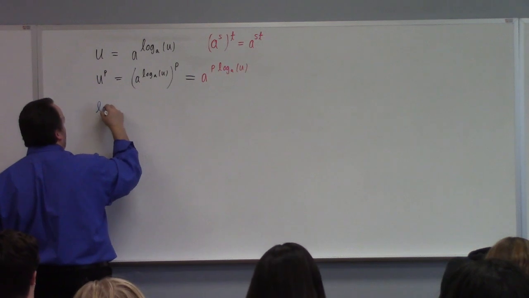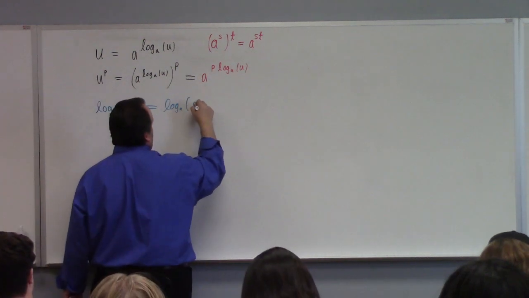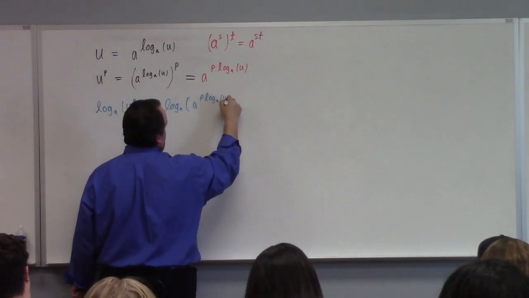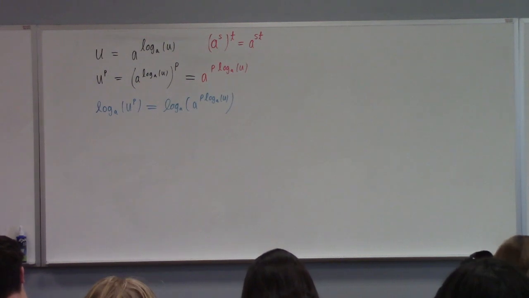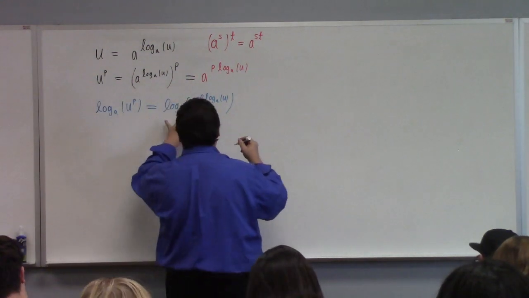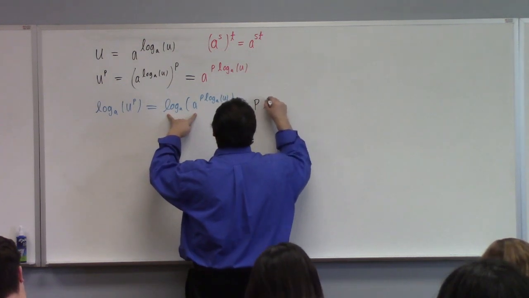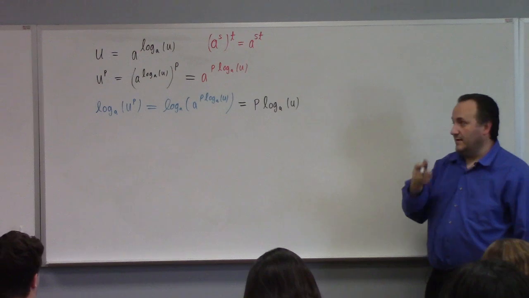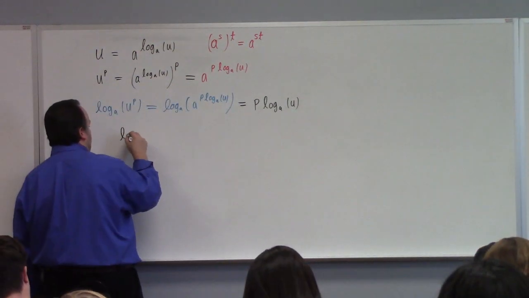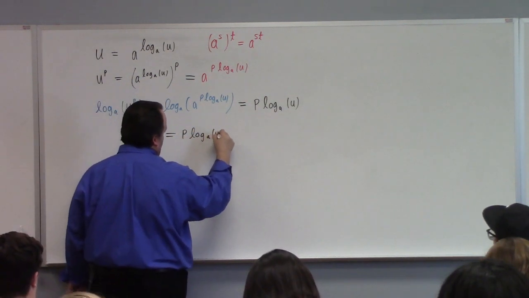So I get log base A of U to the p equals log base A of A to the p log base A of U. The right-hand side simplifies simply to p log base A of U. In other words, this proves that log base A of U to the power p is p times the log base A of U.